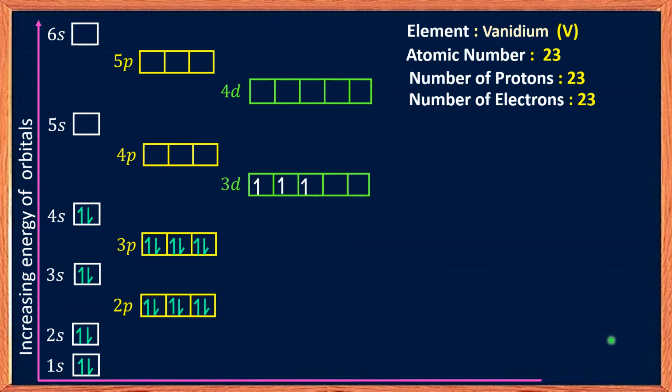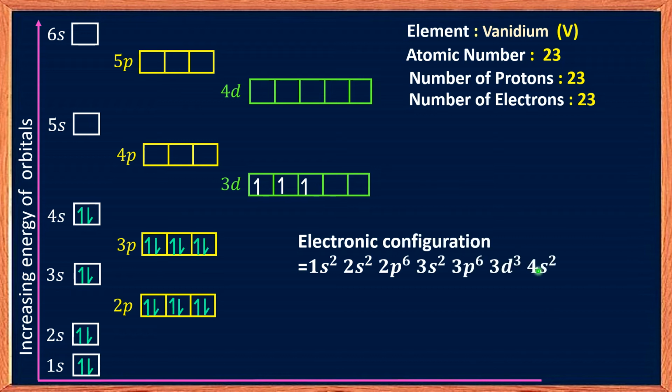So what is the electronic configuration you see here? 1s2, 2s2, 2p6, 3s2, 3p6, 4s2 and 3d3. You can write 4s2 3d3 also, but I have written it in systematic order.